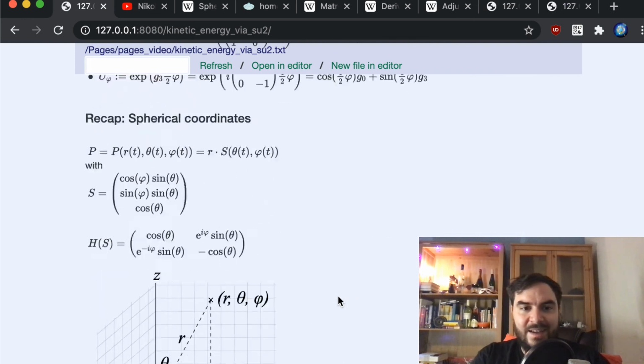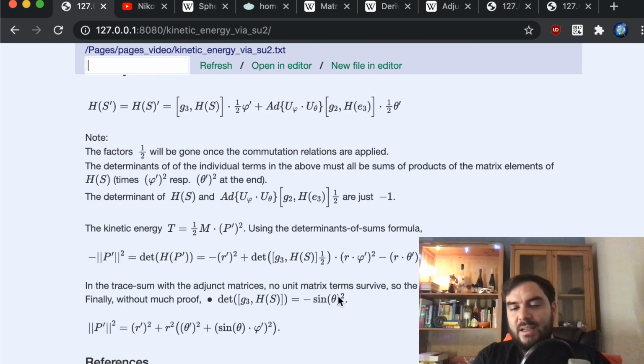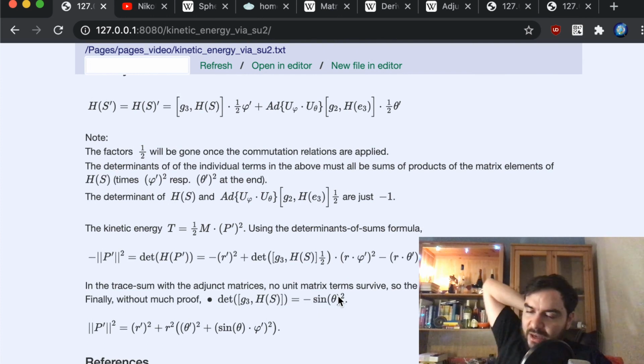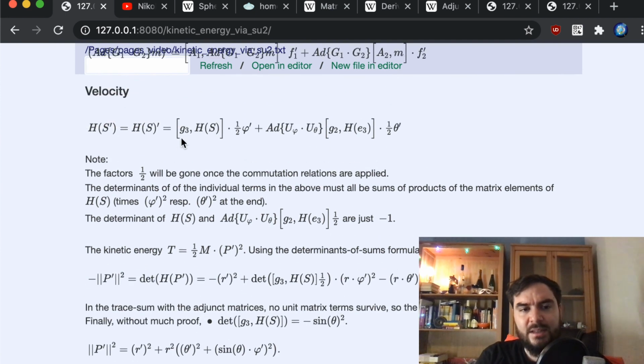So that was a sort of speed run, a lot of complicated terms, but basically, if there's anything you take from this, apart from that it works because it has to work, it's that if you take the derivative of these adjoint-action rotated objects, then you just end up with these cumulative terms. And if you know the Lie algebra, if you know how these things commute, then you can really break this down a lot and end up with just a few simpler matrices.